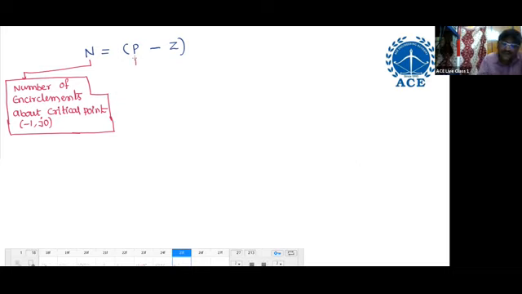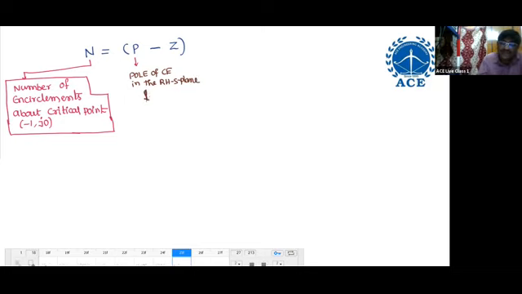What is P? Poles of characteristic equation in the right of S plane, not the left side, the right of S plane.